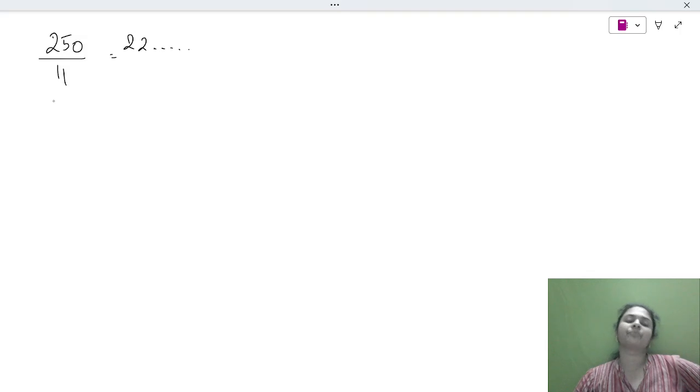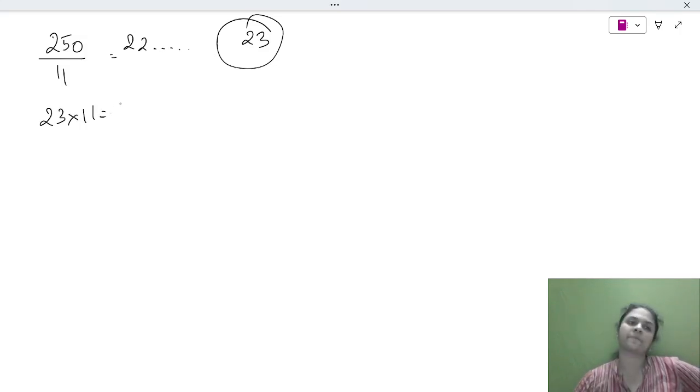So if you see, the number that you are getting is 22 point something. Now the next whole number is 23. Multiply 23 into 11, what will you get? 253.